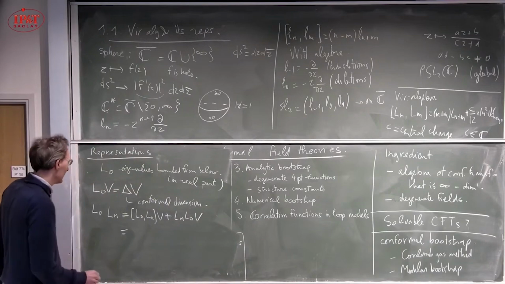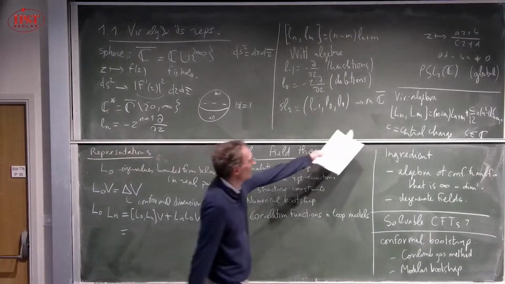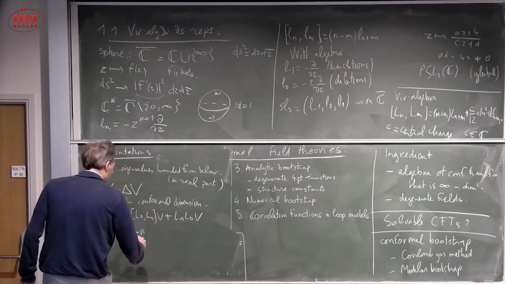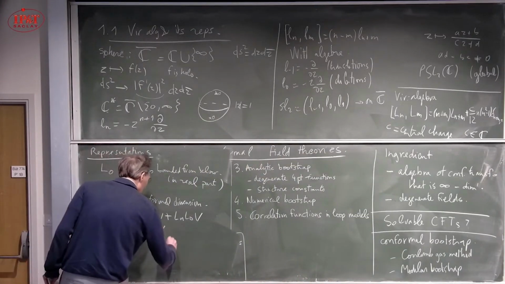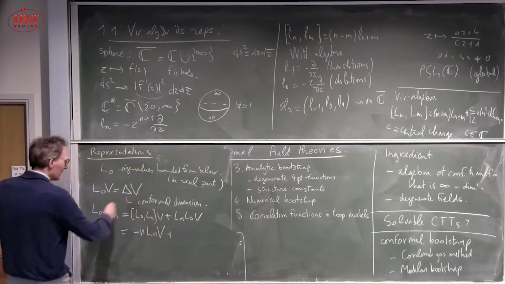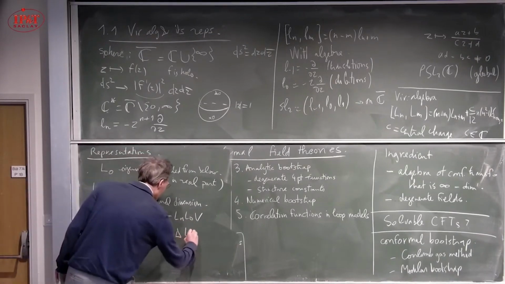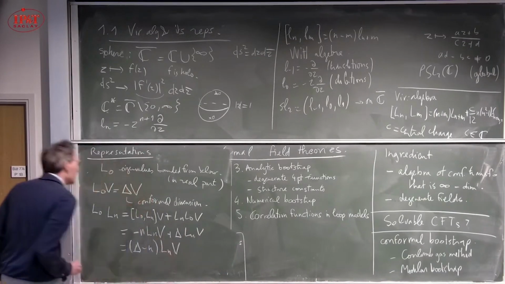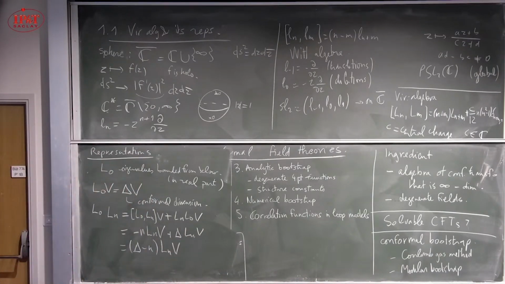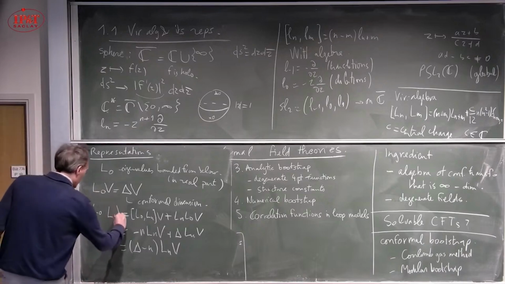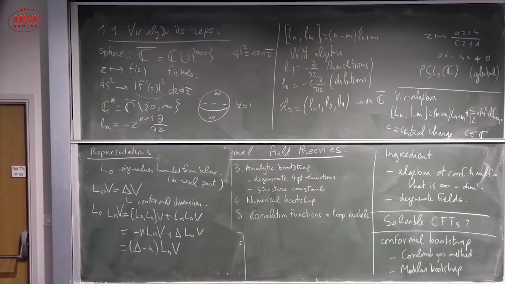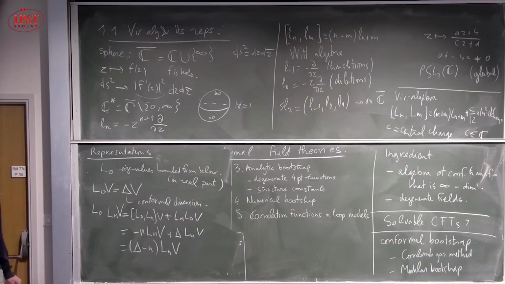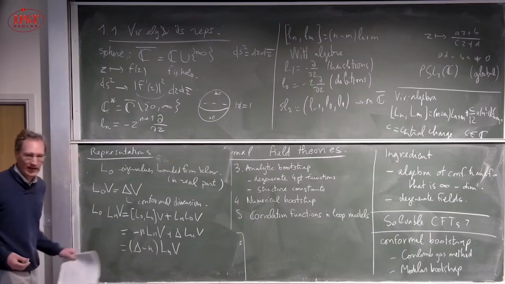So for [L_0, L_n], using the Virasoro algebra commutation relations, that's minus n L_n v. And L_0 v is delta v by assumption, so plus delta L_n v, which is (delta minus n) L_n v. So the outcome of this small calculation is that acting with L_n decreases the conformal dimension by n.